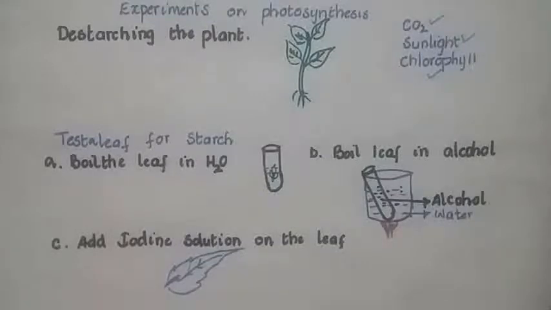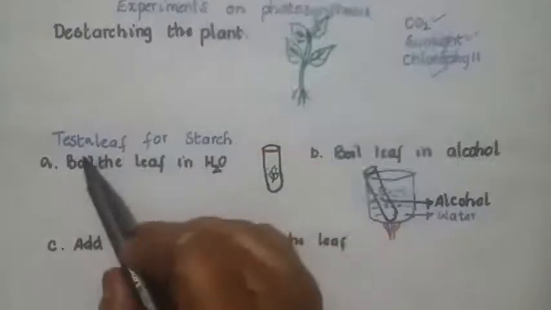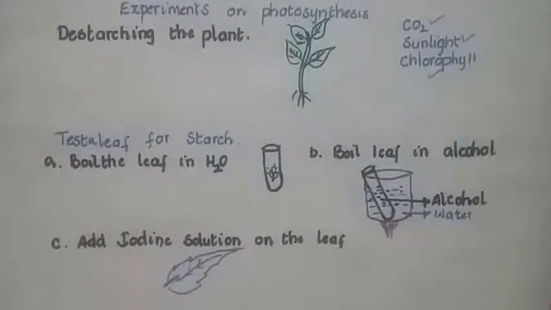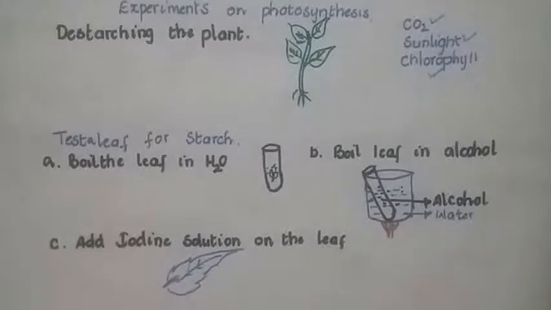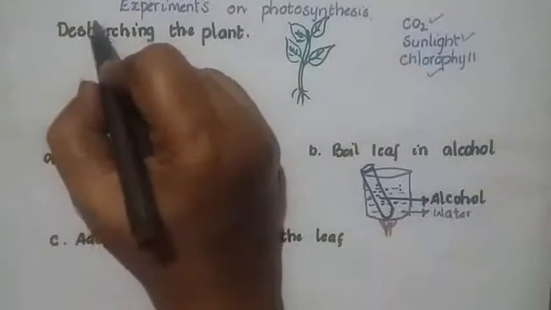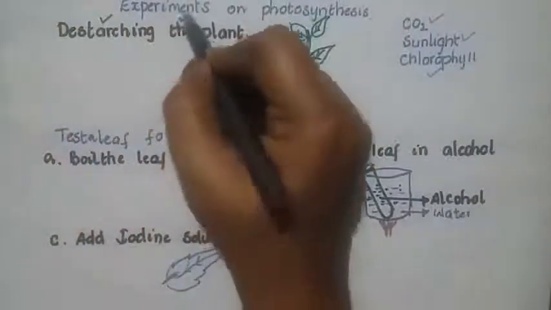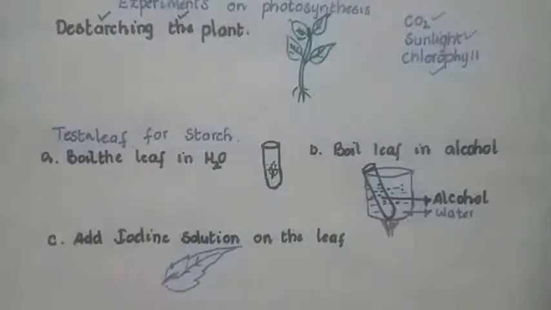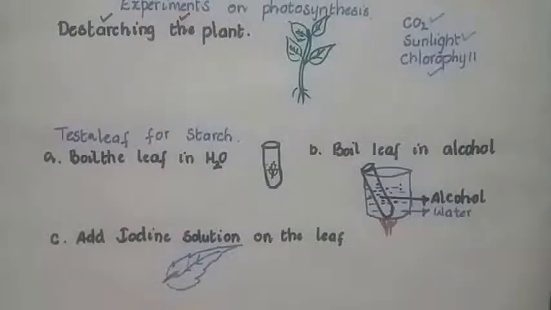So what do we call these common steps? We call it testing a leaf for starch. So to begin with, what is the first step we are going to take up when performing these experiments? The first step is we are going to destarch the plant. So within the word you have a clue. What is the meaning of destarching the plant?